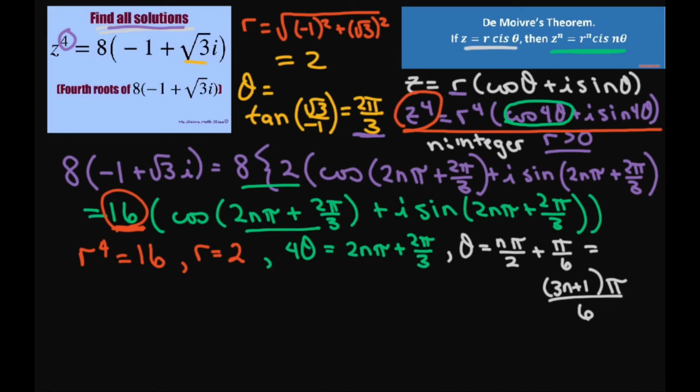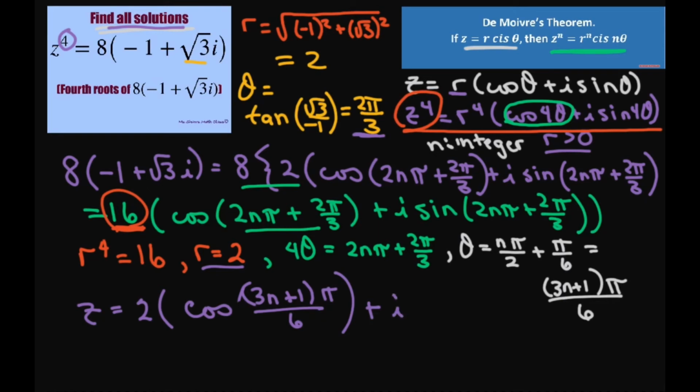Now I can rewrite my z to get all my solutions as 2, that's your r, times (cosine of (3n plus 1) times pi divided by 6, plus i times sine of (3n plus 1) times pi divided by 6).